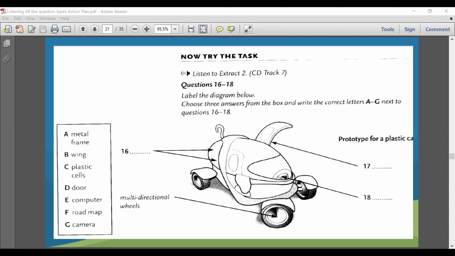Listening Section 3. Extract 2. Questions 16 to 18. I believe researchers are exploring the idea of a padded car to reduce injuries and accidents. Can you tell us something about what it will be like? Yes. Well, the car will be covered in plastic cells filled with air, moulded round a conventional metal frame. I see. So the plastic cells will allow cars to bounce off each other. Exactly.